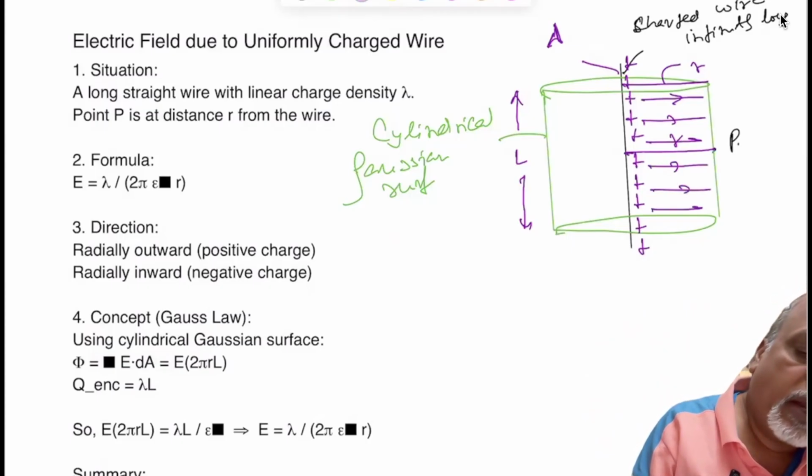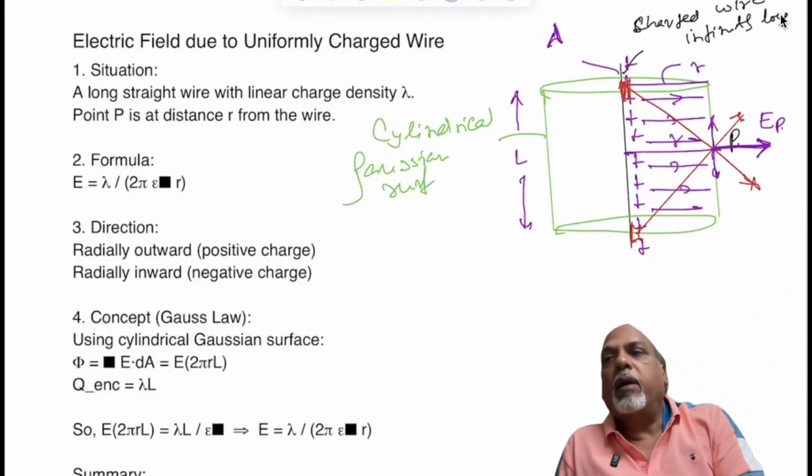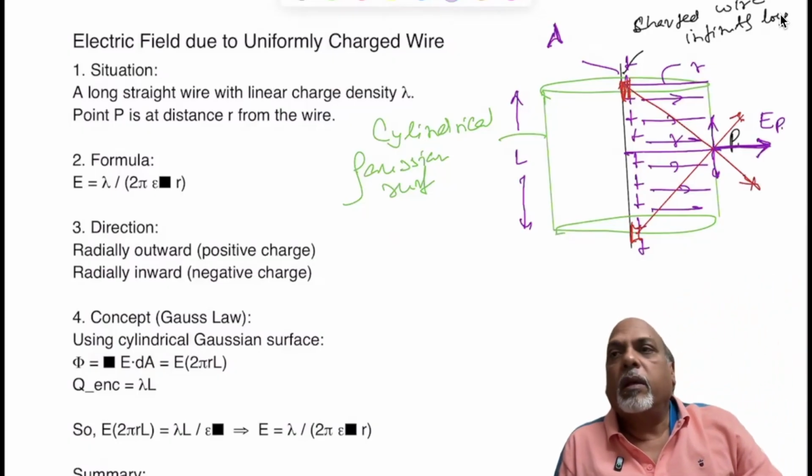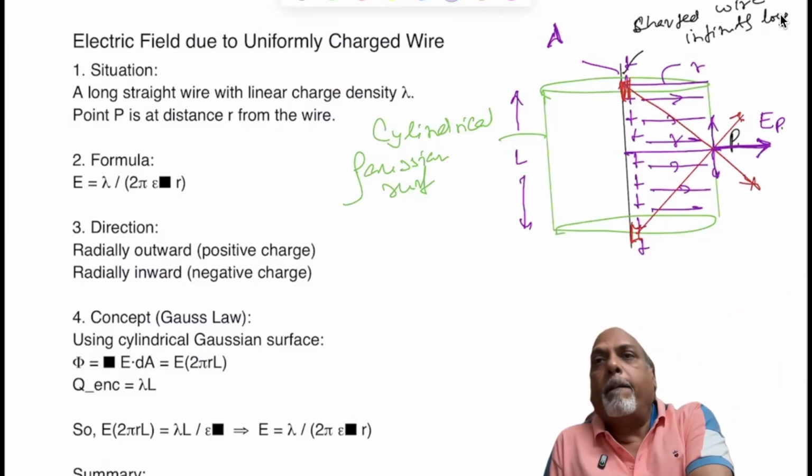If you take this segment or this segment, then here the electric field will be like this, and like this, but the vertical components will cancel out, and ultimately the electric field at P will be perpendicular to the wire. This is what is going to happen.